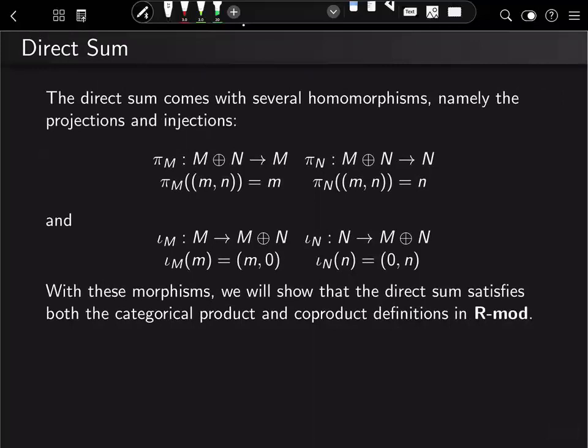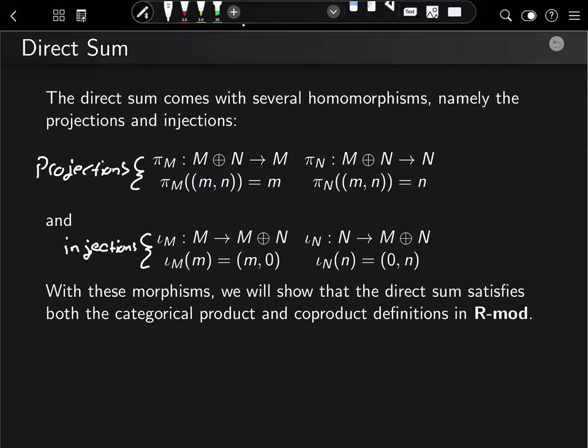But first we note that the direct sum comes with several R module homomorphisms. We have these projections and these injections. These are canonical. So we have the projection onto the first factor, the projection onto the second factor, and then the injection into the first factor and the injection into the second factor.